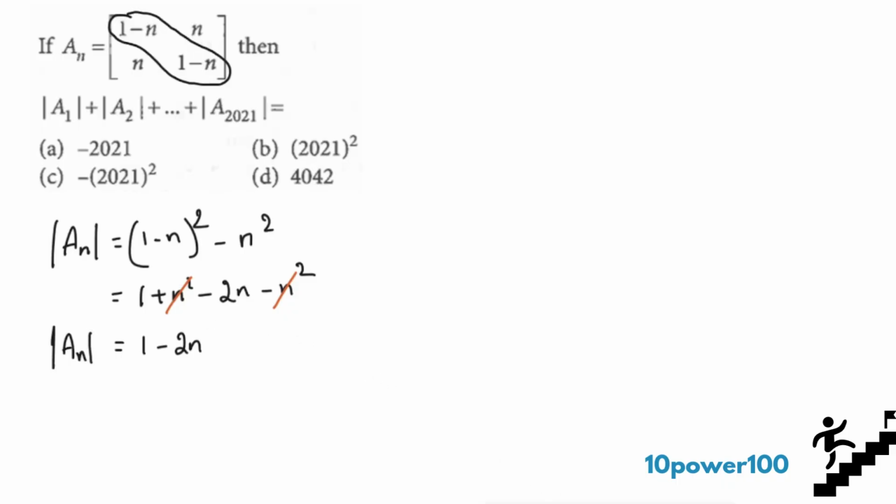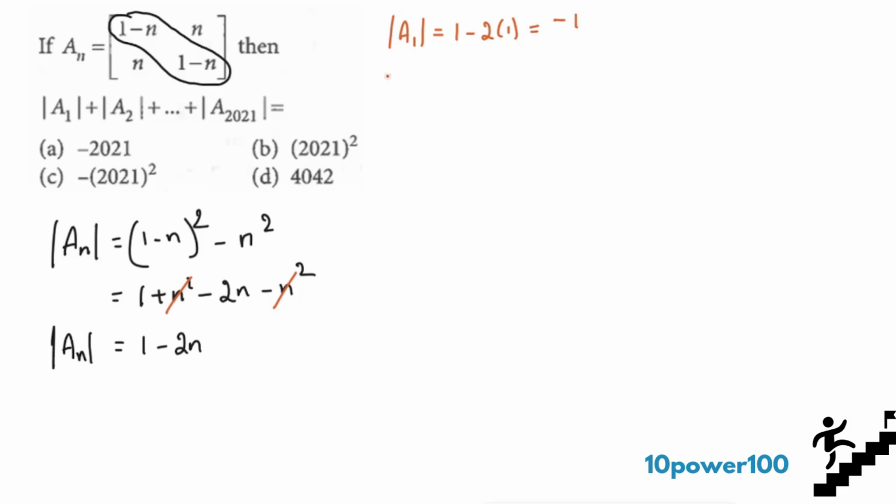Okay, now it is very simple, children. Let us calculate determinant of A1. In place of n, we have to substitute 1. So it becomes 1 minus 2 into 1, which is 1 minus 2, so it is minus 1.